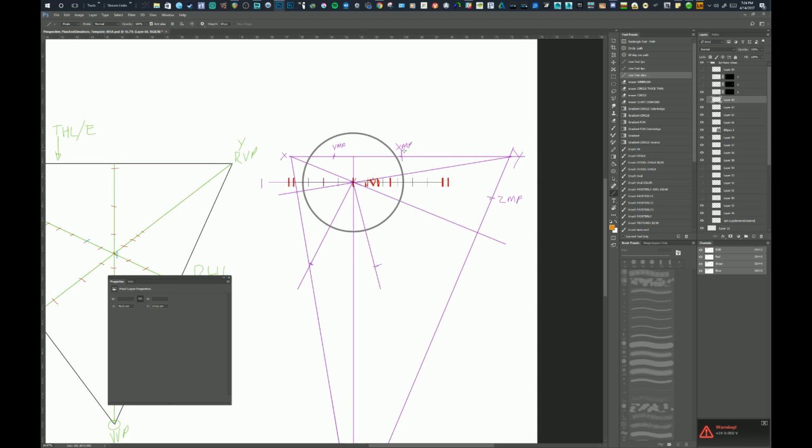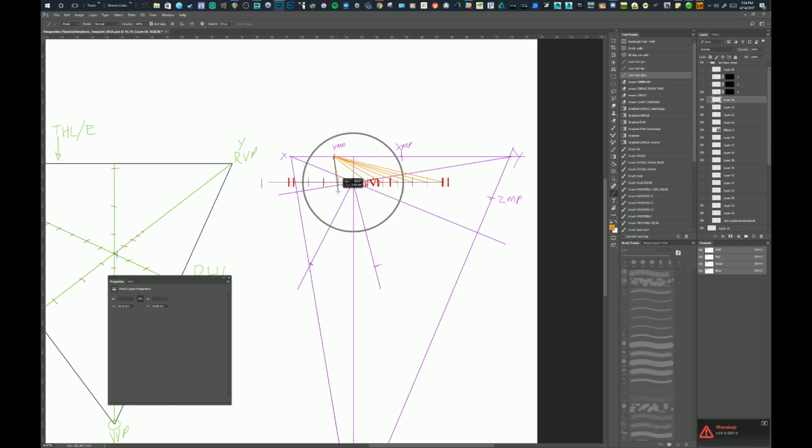So Y, we need to cross Y here and hit our measure bar down there. 2, 3, 4, 5, 6 going back into the right, and we have 1.